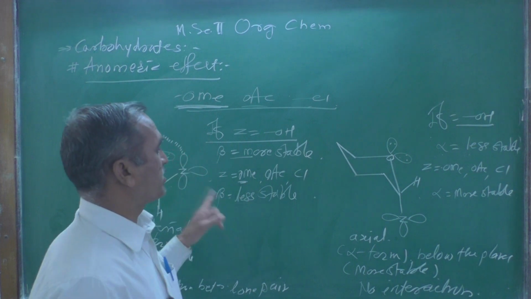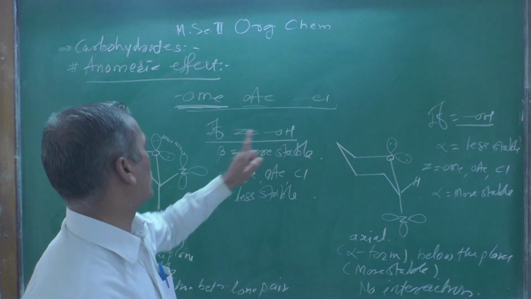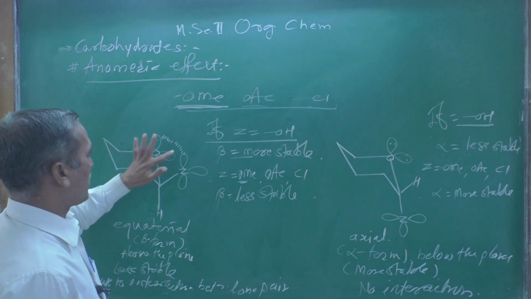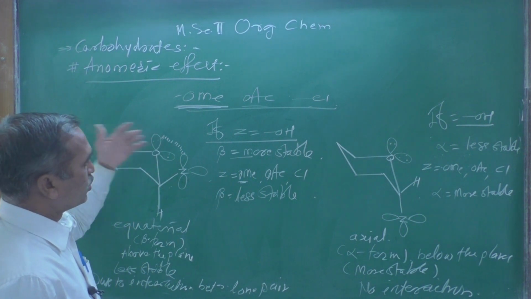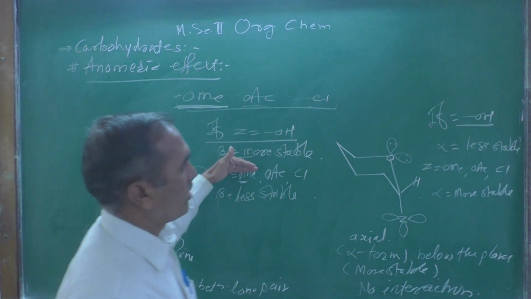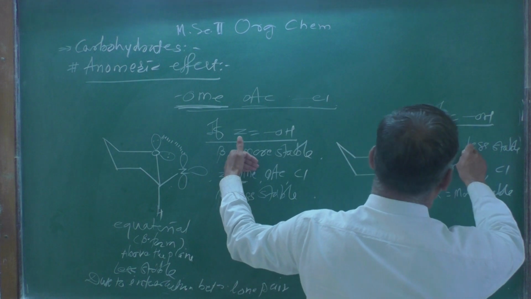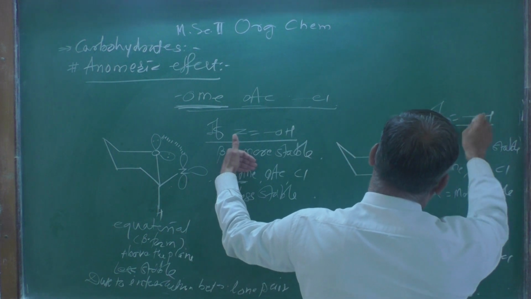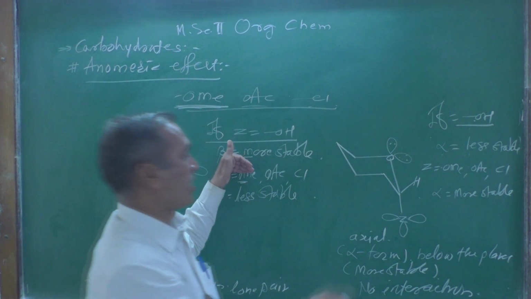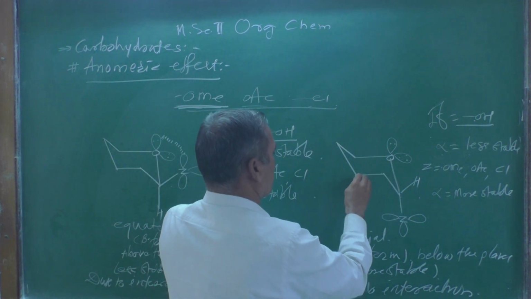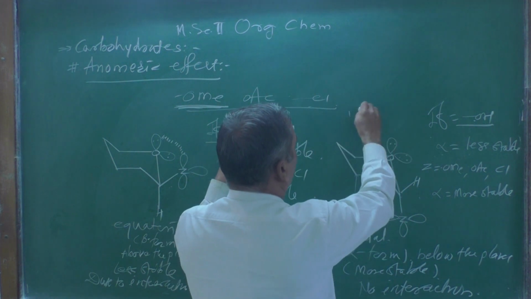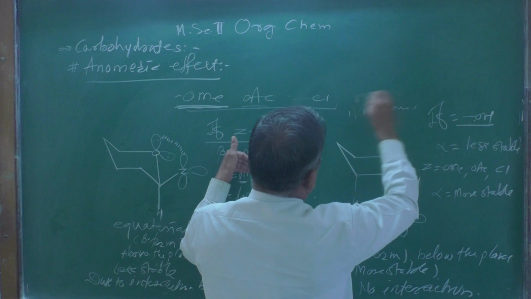Even though there are steric interactions due to the lone pair, the beta form is more stable and the alpha form is less stable, because when the hydroxy group is at the alpha position, look here, 1 2 3, there is one hydrogen atom, and they create 1,3-diaxial interaction.